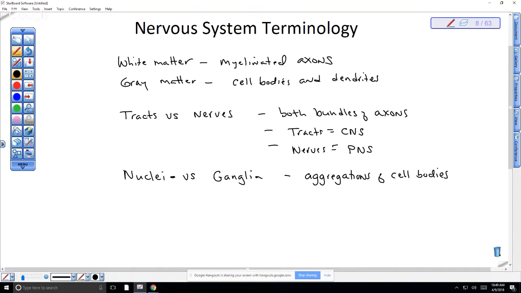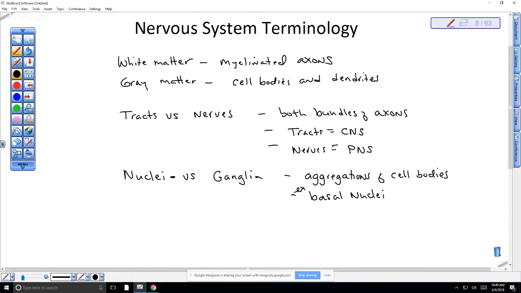So in the brain, we have nuclei like the basal nuclei. So this is an example, the basal nuclei. And this is gray matter in the middle of white matter. So it kind of looks like a nut inside the white matter. And so that's why they call it a nuclei. It's a nut. So it is embedded in white tissue. So it's just an aggregation of nerve cell bodies.